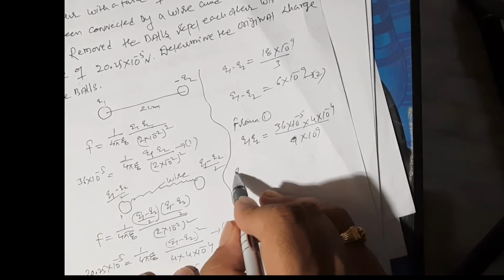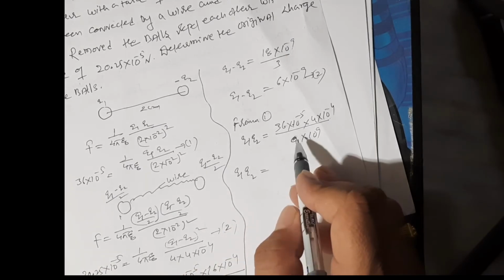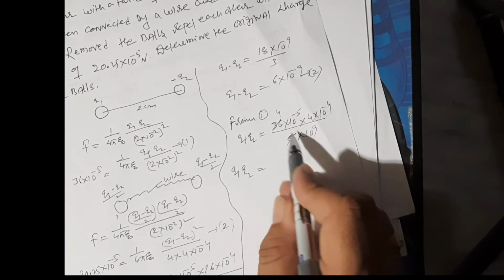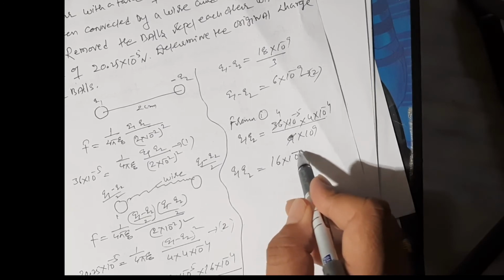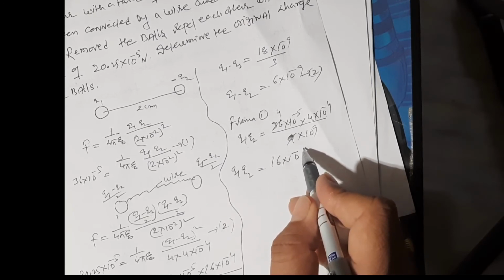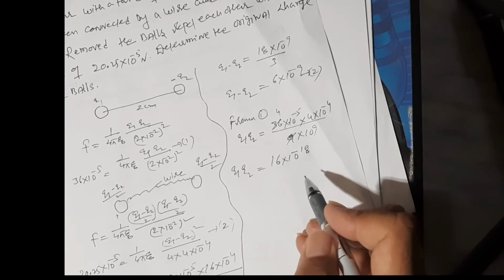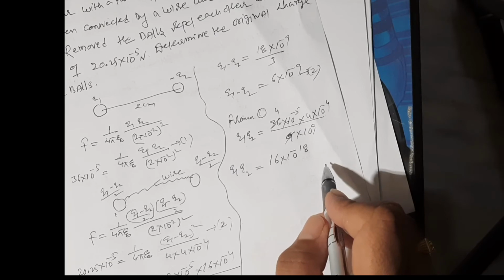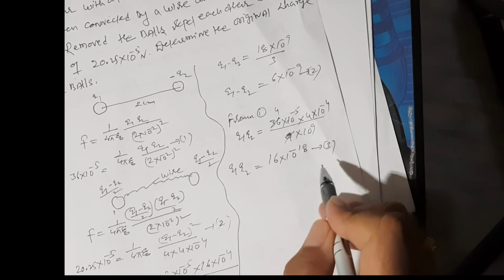So here q1 q2 is equal to 9 ones are 9, 4 into 4, that is equal to 16. 16 into 10 to the power of minus 18. So this is equation 3.